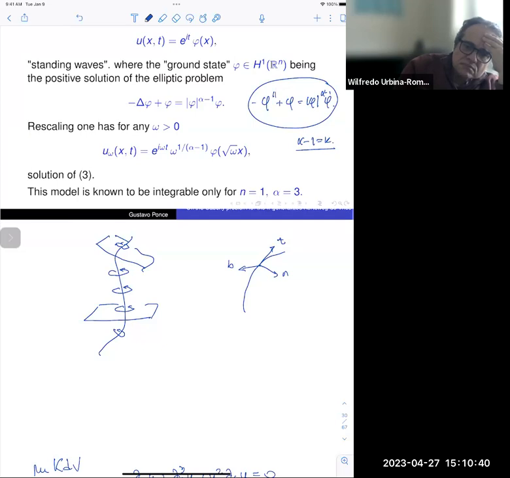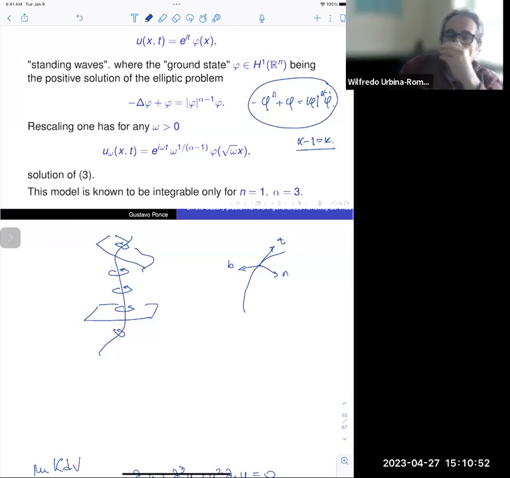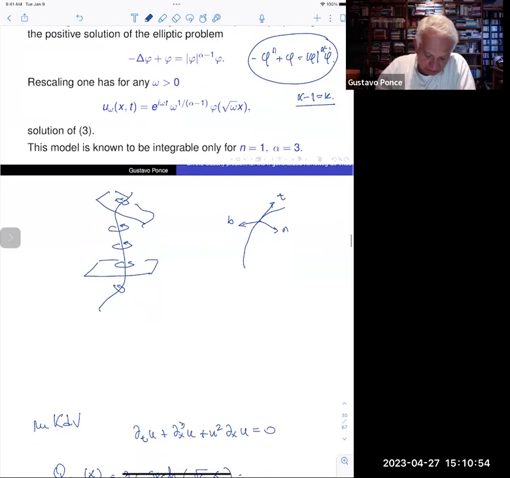Then if you have a family of curves that satisfies some property, you can prove that these curves satisfy the modified KdV in some sense. And what I would say is almost true: to recover this curve, you need the curvature and the torsion.